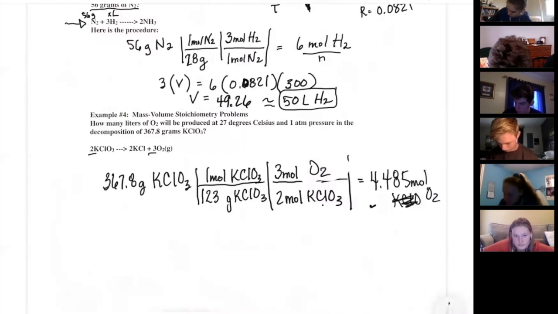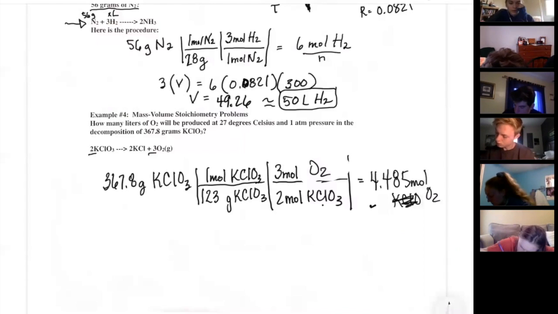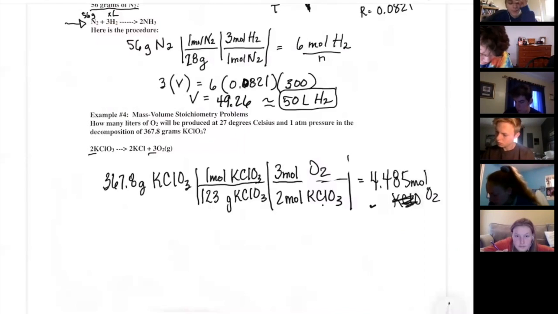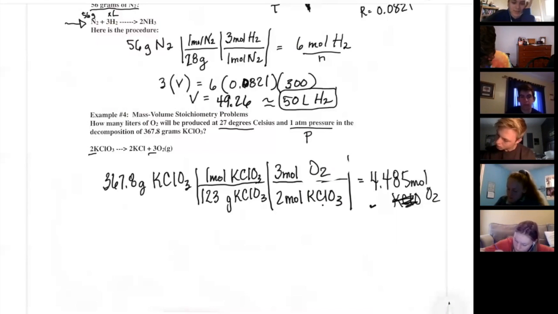From here, Leah, what do I do? You have to figure out the other variables, like the others. So, yeah, so you're assigning PV equals nRT.